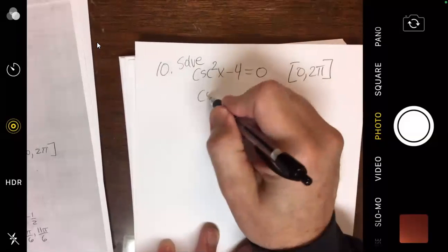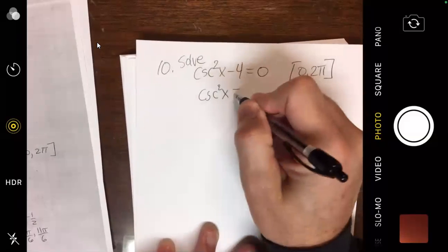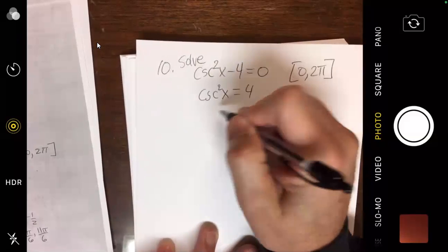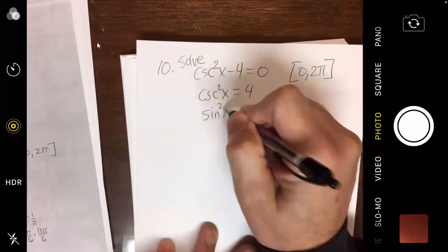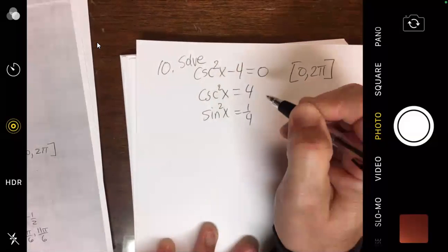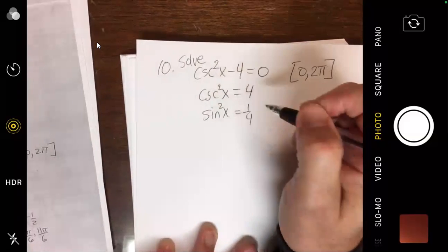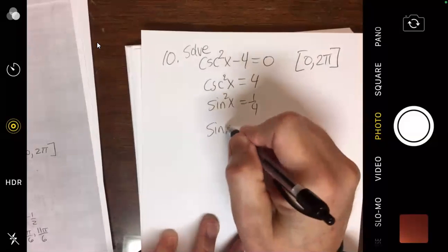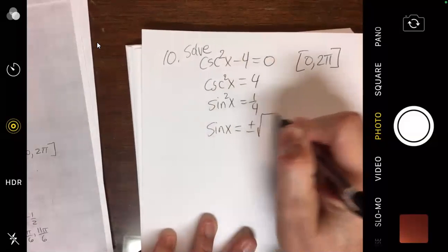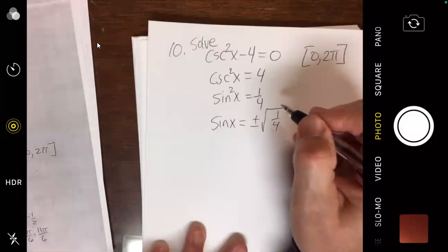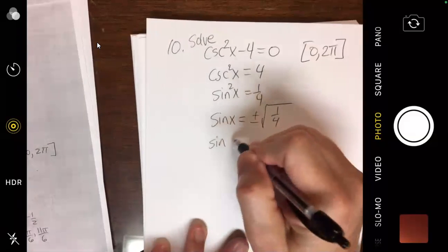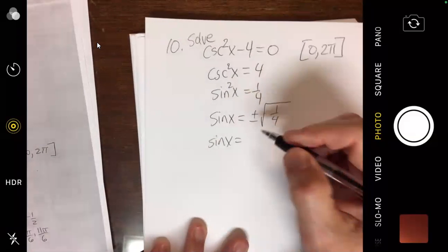All right, so cosine squared x would equal 1/4 after flipping, which is secant squared x equals 4. Sine squared of x would be 1/4. X is plus or minus the square root of 1/4. Sine of x then is plus or minus 1 over 2.